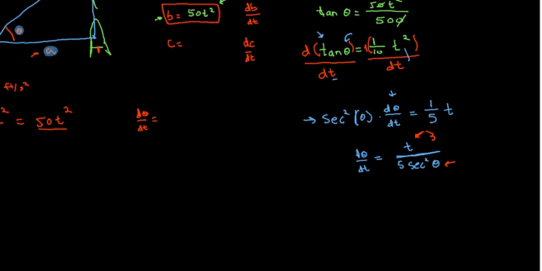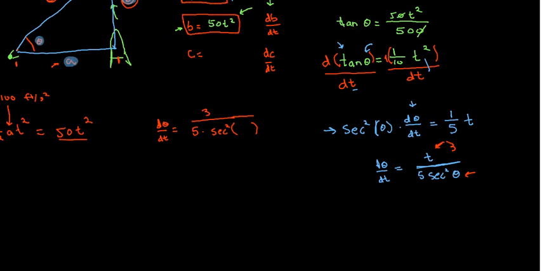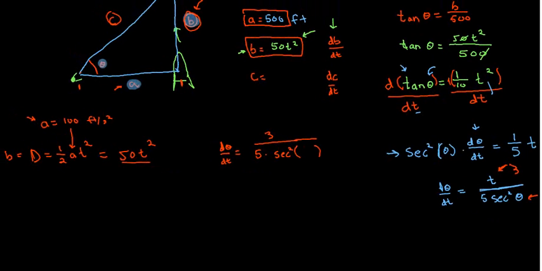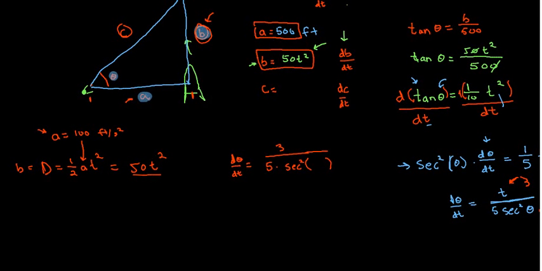Alright, how do we find that theta? Well, we got to come back to a right triangle. We need to figure out what theta is. We know that A is 500, and we can figure out what B is pretty easily. 3 seconds into our launch, 3 squared is 9 times 50 is 450.